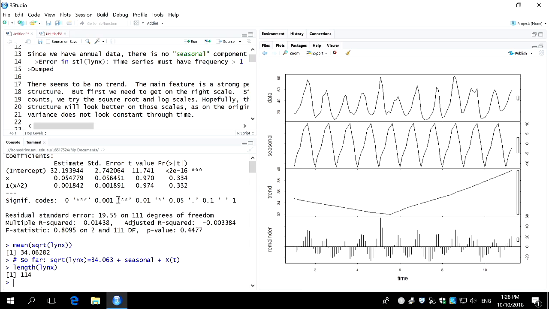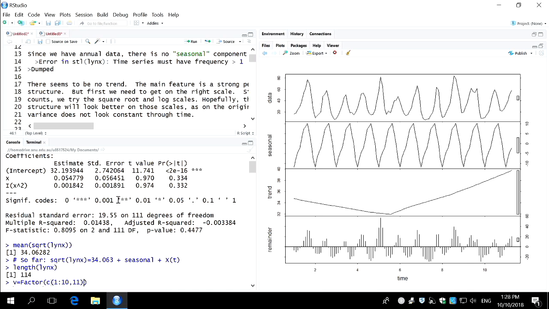Okay. So I'm going to try frequency 10, see how I go. So, V is going to be a factor. And it's going to be the numbers 1 through 10 repeated 11 times. What's 10 times 11? 110, thank you.